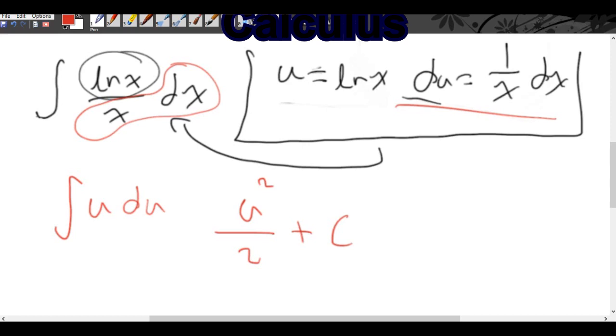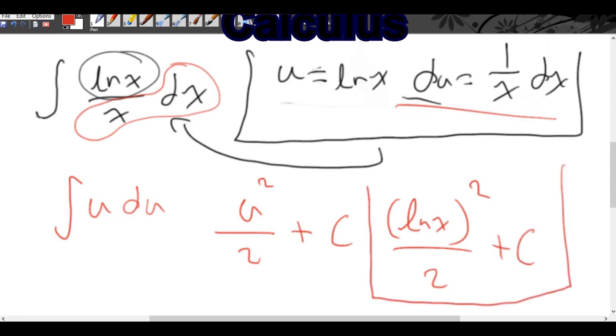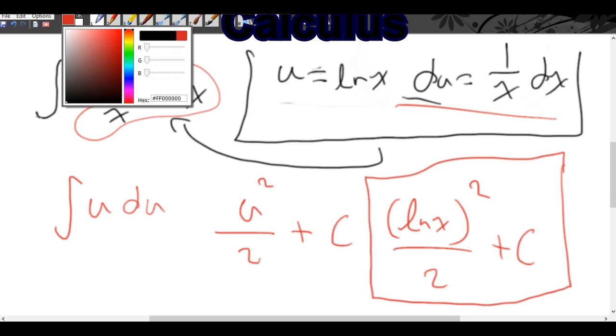We just have to substitute back our u, which is ln x, giving ln x squared over 2 plus c, and right here is our final solution to our problem.